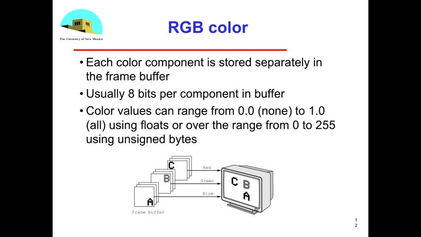If we look at them in terms of how we specify them within WebGL, we'll abstract it a step and say, I don't know or care how many bits are out there. I'm going to specify a color as going between 0 and 1 using floating point numbers, where 0 means none of that component and 1 means all of that component.